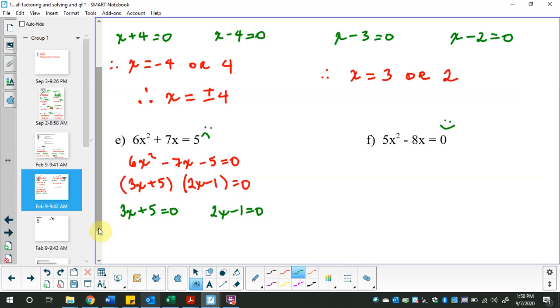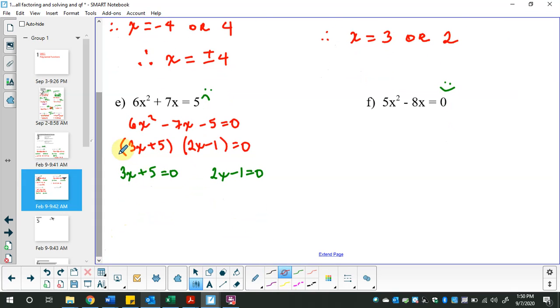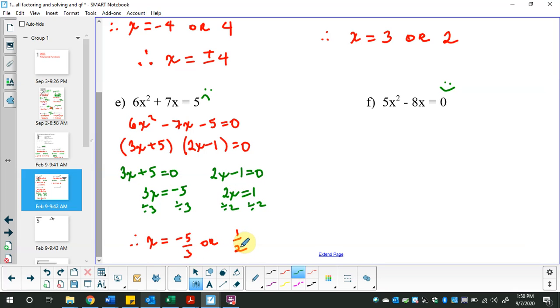There's another line of work I'm going to put in, but some people can go from these brackets to x is equal to -5 over 3, or x is equal to positive 1 over 2. In this case, that's how I got that. In this case, that's how I got that.